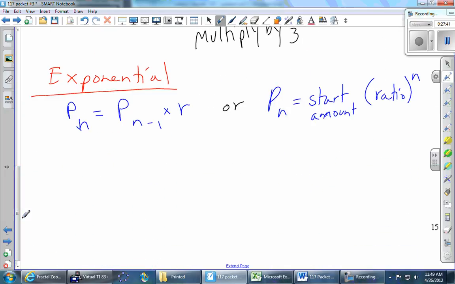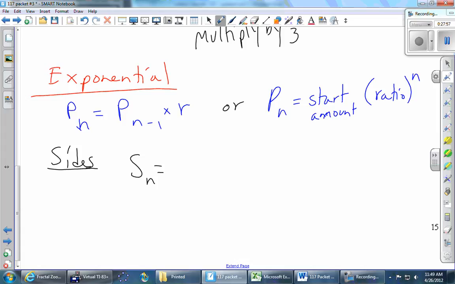Okay, we will start with the sides. What letter were we using for the sides? Number of sides was S. Okay, so we're using this first blue formula, the recursive one.